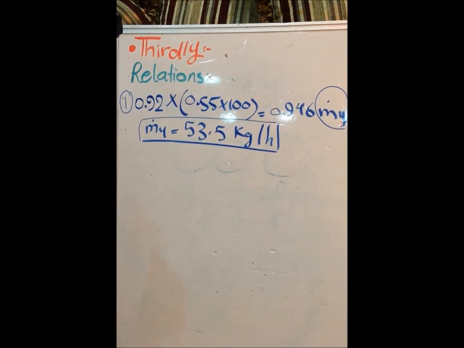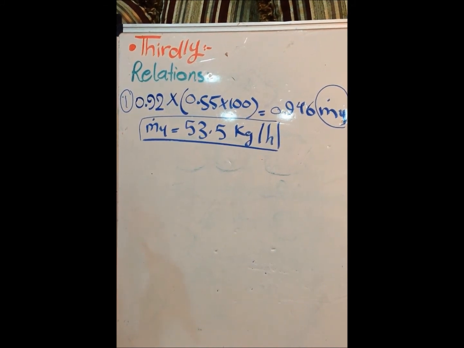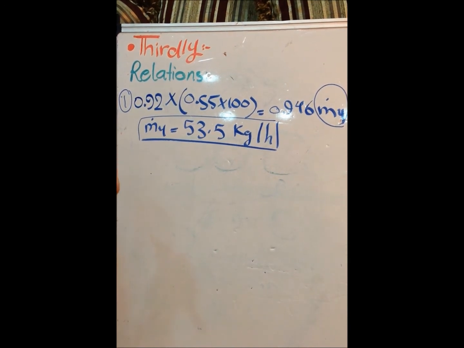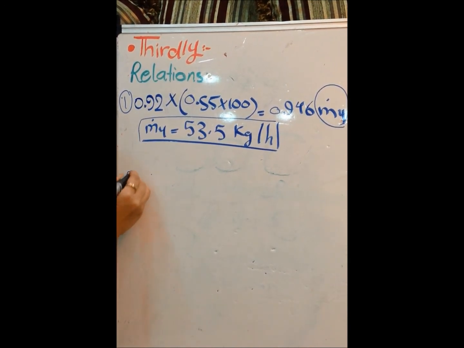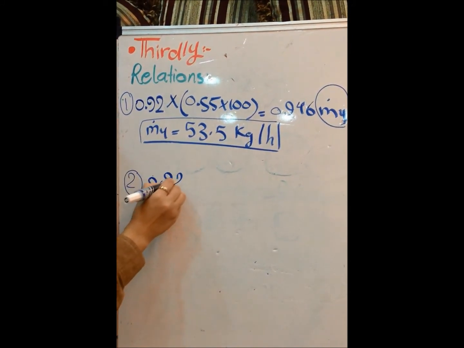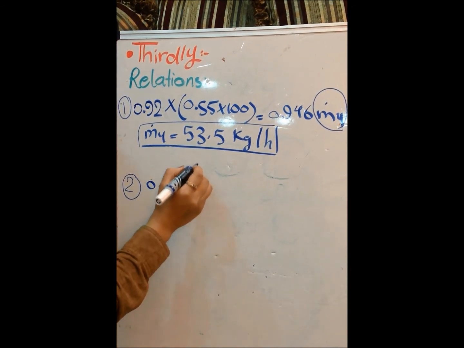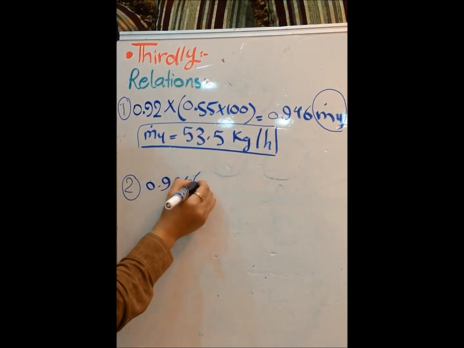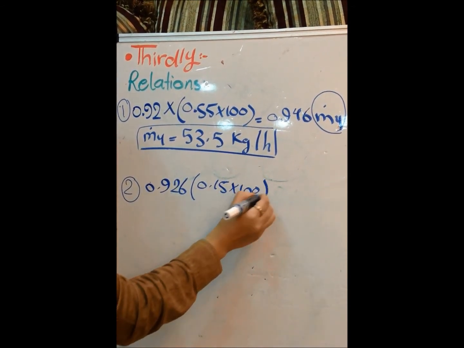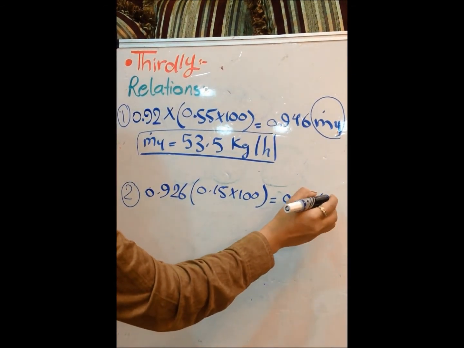After that, they said also that the bottom stream of the second column is intended to recover 92.6% of the xylene in the fresh feed. So the second relation says that 92.6% of the xylene in the original fresh feed, which is equal to 0.15 times 100, will equal its composition in the fifth stream.